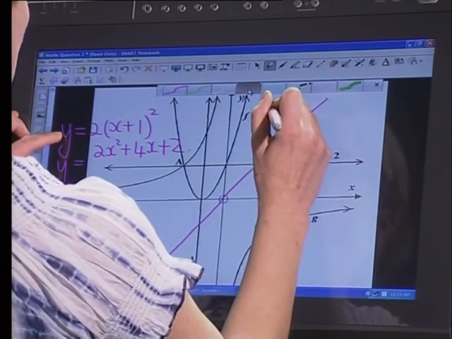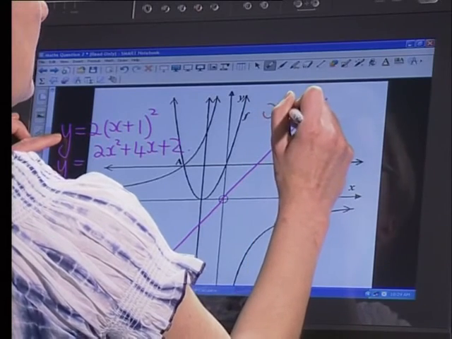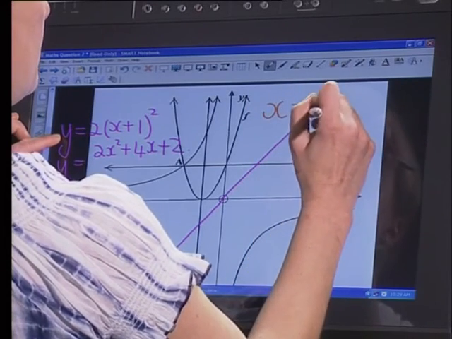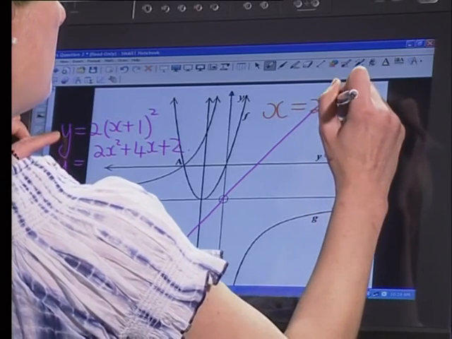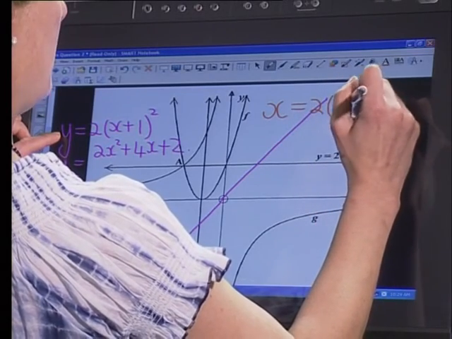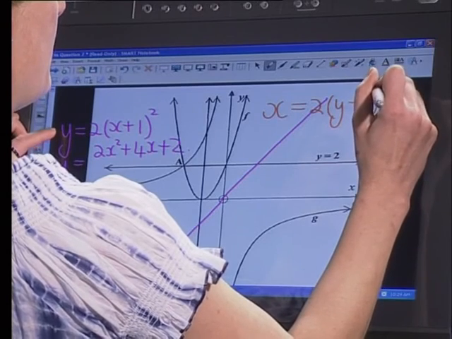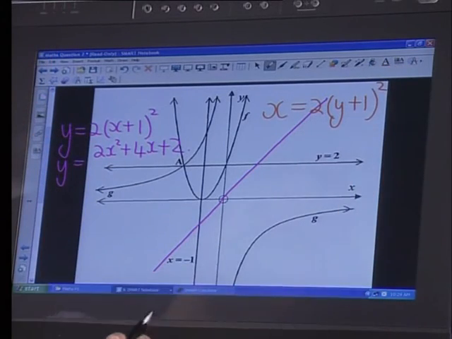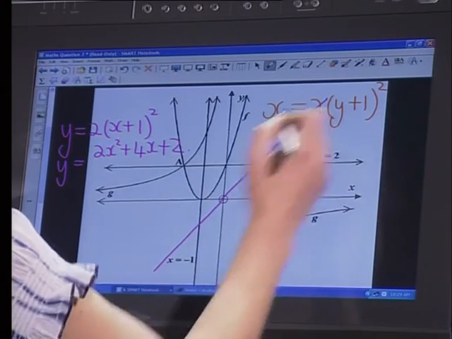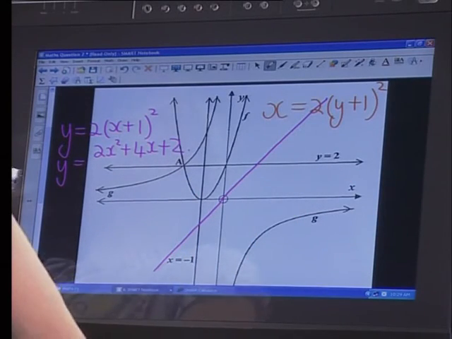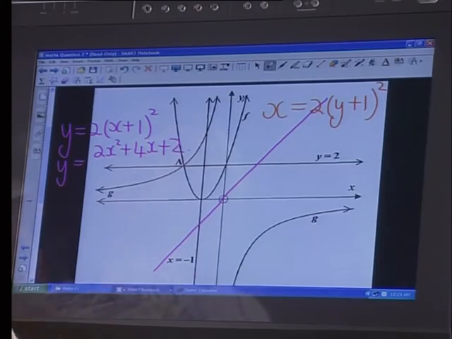I'm going to say x = 2(y + 1)². So that is the equation of the graph once we've reflected it in the line y = x. And irrespective of what sort of a function you're dealing with, what you do is you're going to switch the x and the y values around, and usually they would then require us to write our answer in the form y equals.